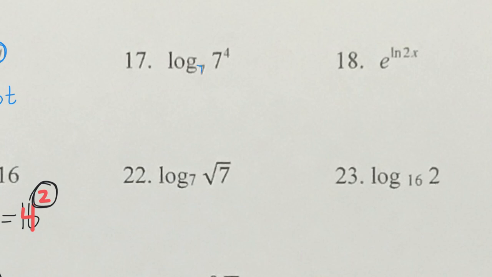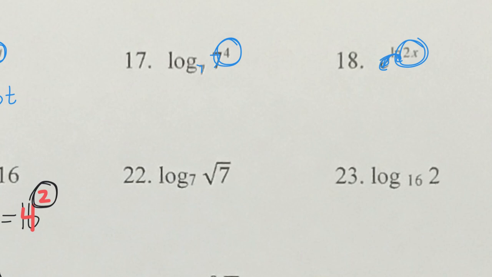The base is 7, the base is 7, so the answer is 4, the exponent. Okay, 18, our base is e for natural log, so the answer is 2x. Okay, when you recognize this property that when the bases are the same, the answer is your exponent, it makes some of these problems pretty stinking easy.